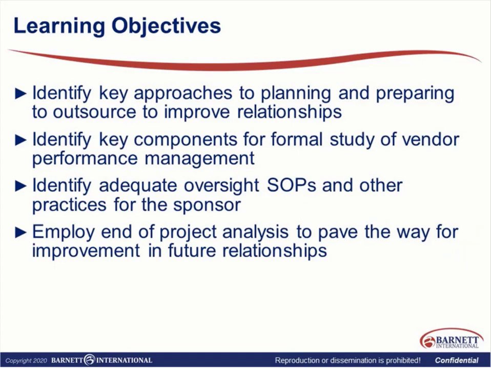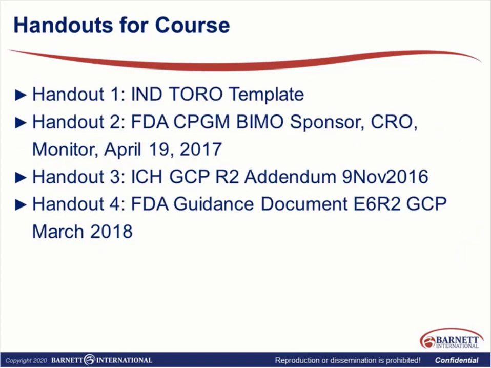I have a couple of handouts that I provided you for today's course. Just looking at the transfer of research to a CRO, so we can look at that document in a moment. Also looking at handouts for the FDA CPGM BIMO, so looking from a perspective of an inspection, if that should occur, and just keeping that in mind if you would have an inspection, ensuring that you also have this oversight as a sponsor.